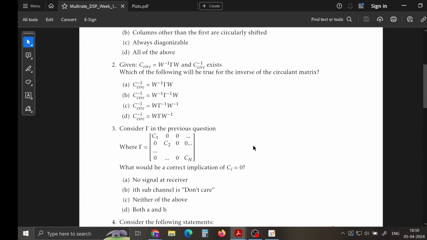The problem here is that if you get no signal, there is no way you are able to recover the actual original transmitted symbol from the transmitting end, because that got completely lost because of the channel gain being zero for that ith subchannel. So option A is correct, no doubt.